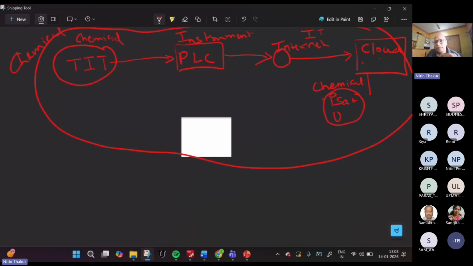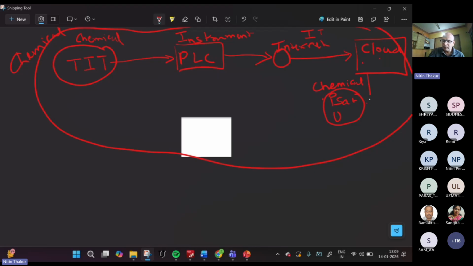So that is the way to look at how this is applicable, and where I stand in this AI world. Where does a chemical engineer stand in this whole AI thing?